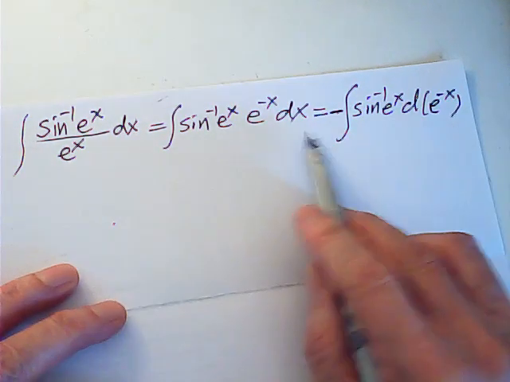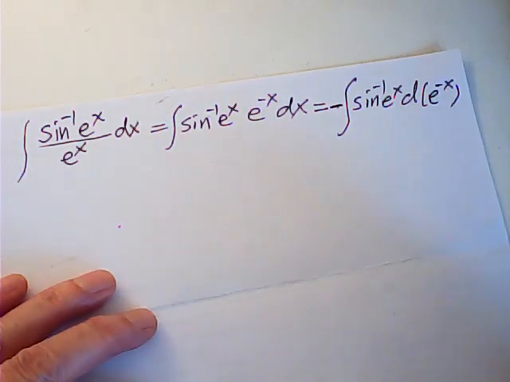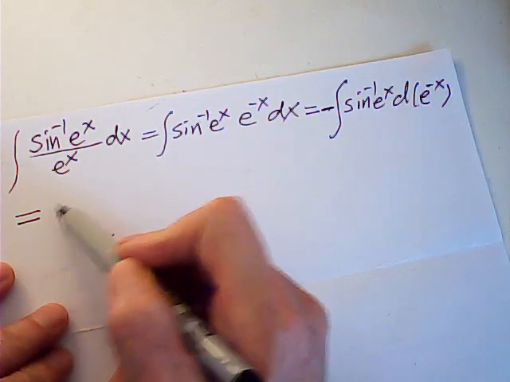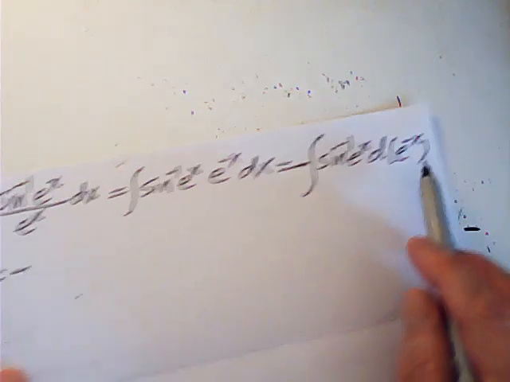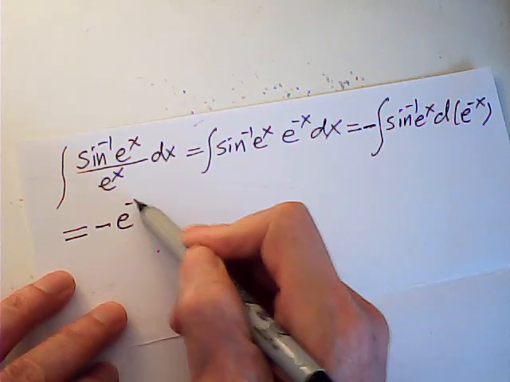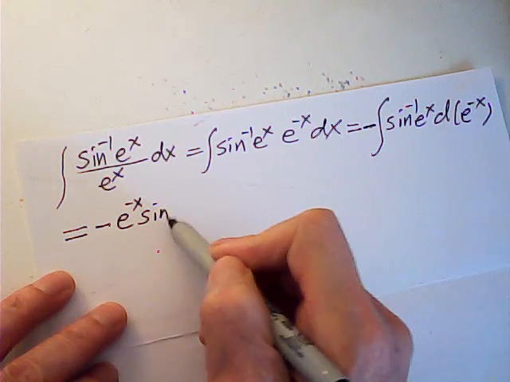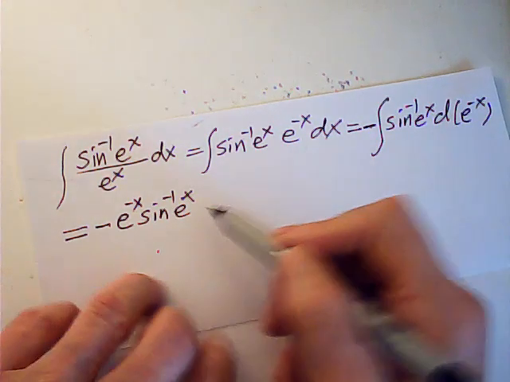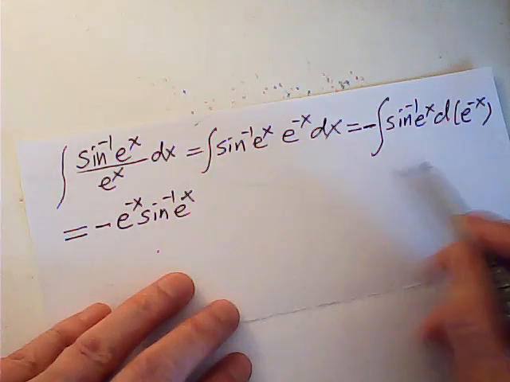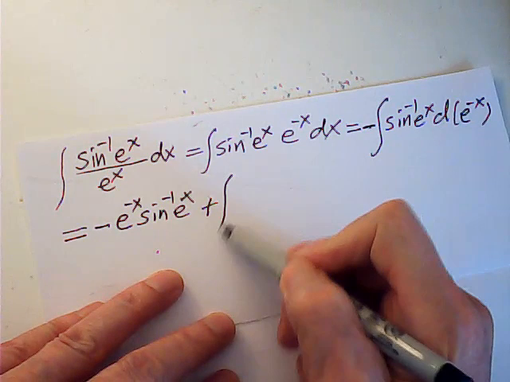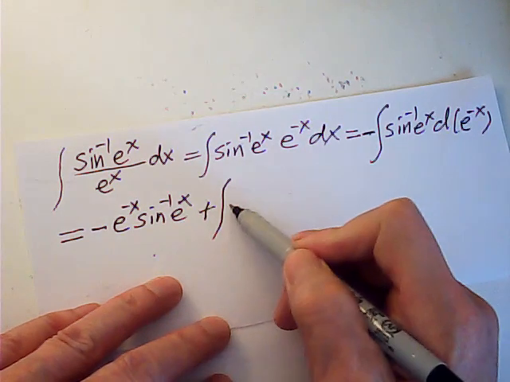So that is equal. Now here I can use by parts. This will be equal to negative. This is u, this is my dv. So equal to uv, minus integral v du. You have a minus here, so it becomes plus integral v du. V is this.